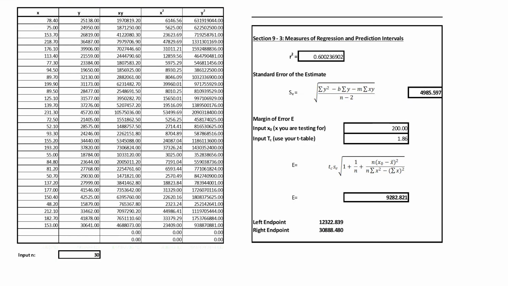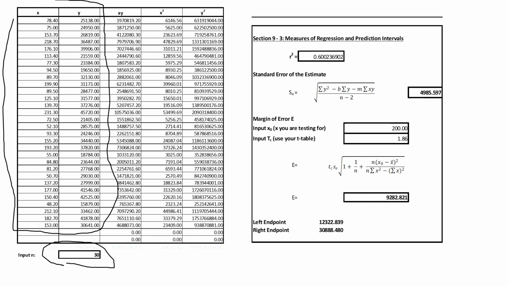So we've got the calculator here, and I've set it up so we can do the prediction intervals. This is my baseball teams. There's 30 of them. All you have to do is put in the numbers, as I've done here, which again, remember, is the total salaries for each team on the X, and then the Y is the attendance. You put in your input, which is number 30 in this case.